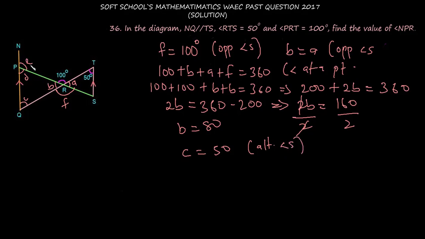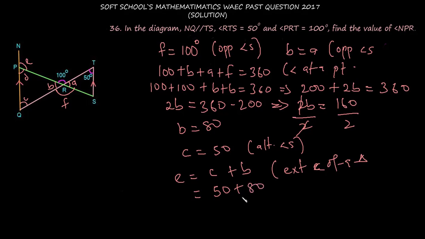Now you see this is an external angle of a triangle, equal to these two angles, so E is equal to C plus B. Why? External angle of a triangle. C is 50 and B is 80, so E is now 130 degrees.